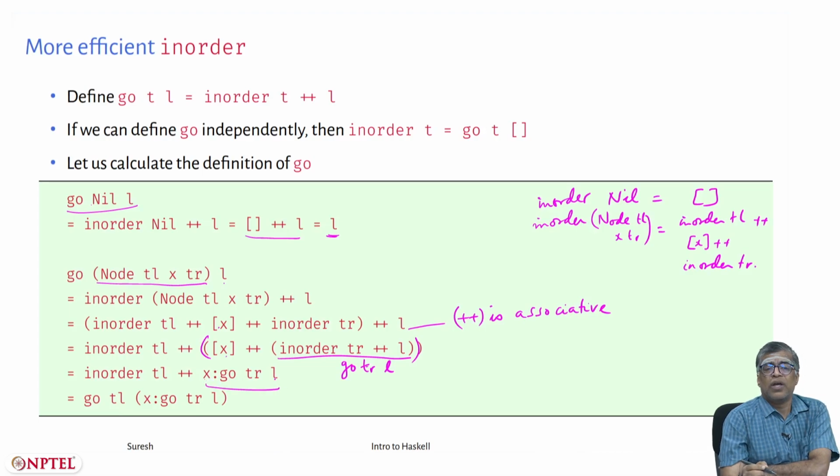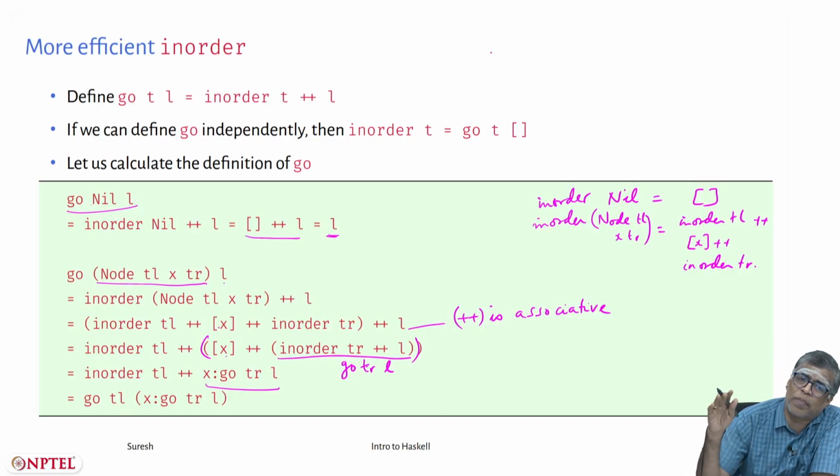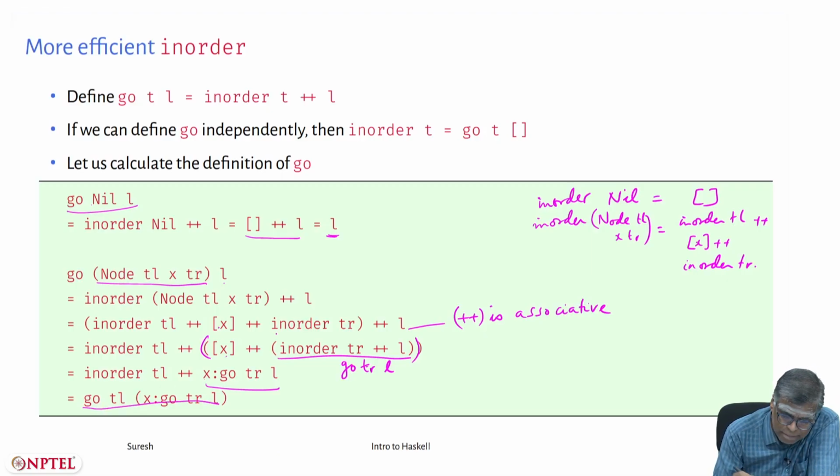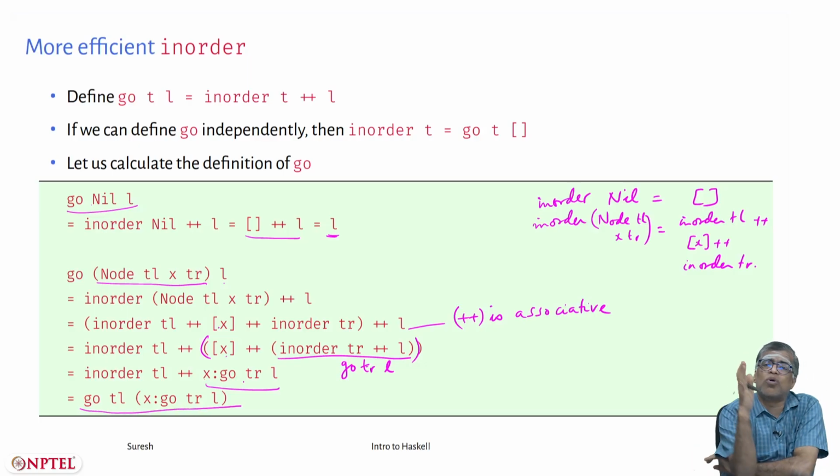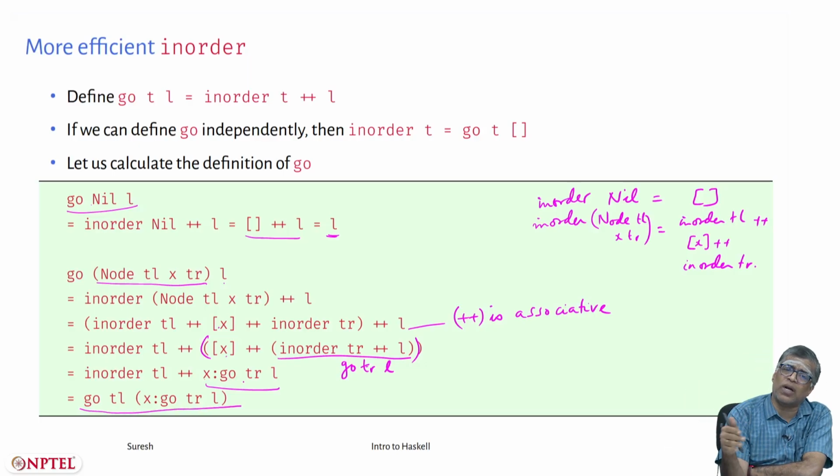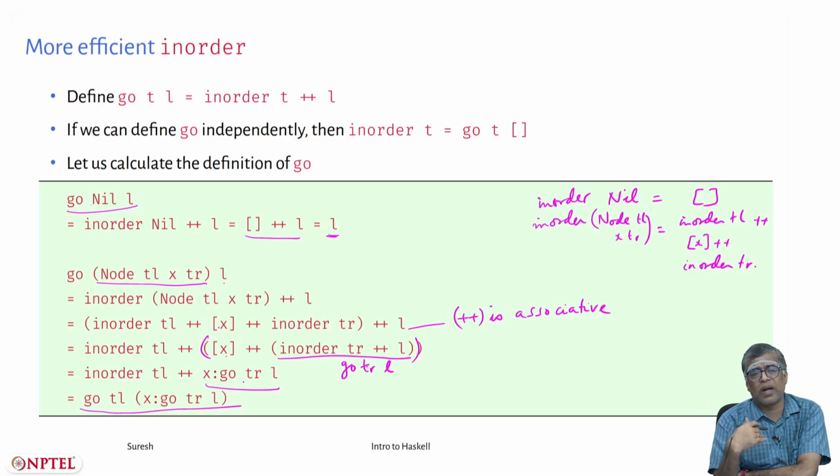Now I have in order TL plus plus x colon go TRL, but once again in order TL plus plus anything is go of TL plus plus that. So now I can have this whole thing as go TL. I first do go TRL, then I put x before that, and then I do go TL of that list. And that is my recurrence relation.